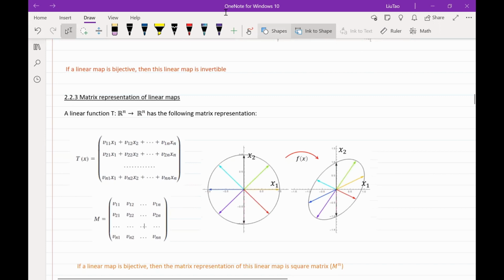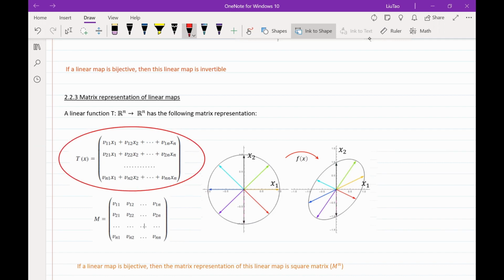Okay. Let's take a look at a matrix form of a linear map. A linear map can be expressed in a more concise way, a matrix. If we have a linear function T from Rn to Rn, and x is a vector with n components, then we can have the following form of a transformation.